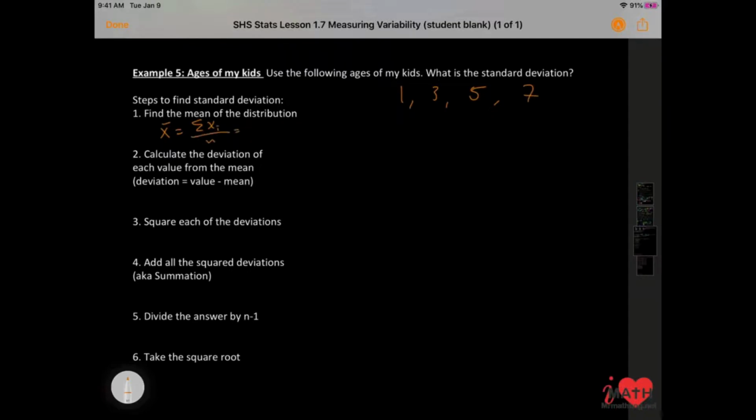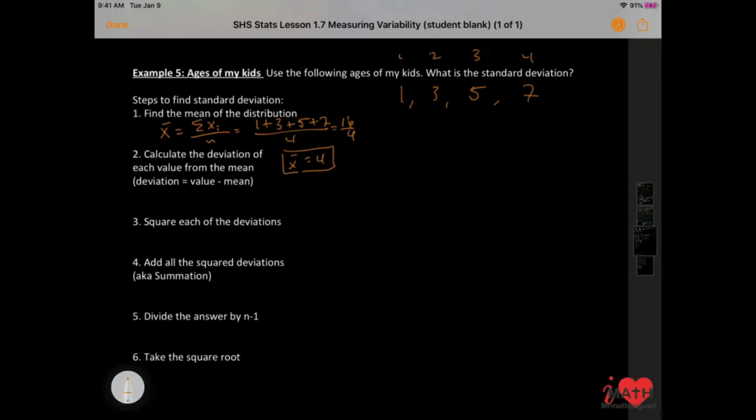You just take all your numbers and divide by 4, because you have 4 kids here. If I add all those together, 16 divided by 4, that means I get an X bar of 4.